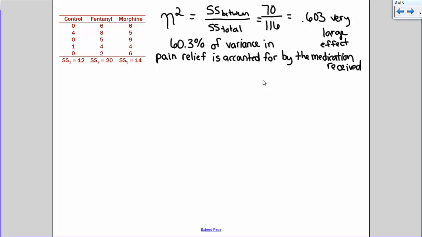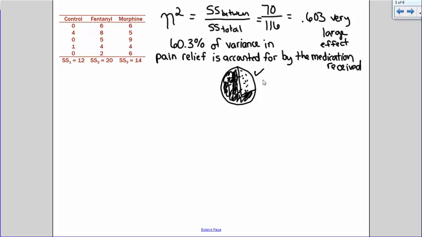Now, I like r squared because you can think about it as a pie. This pie represents 100% of the differences in pain relief, right? These are all the little differences in pain relief. And we know that 60.3% of those differences, or roughly, oh gosh, I'm not good at pies, but like this much of the differences is accounted for by which pain medication they received.